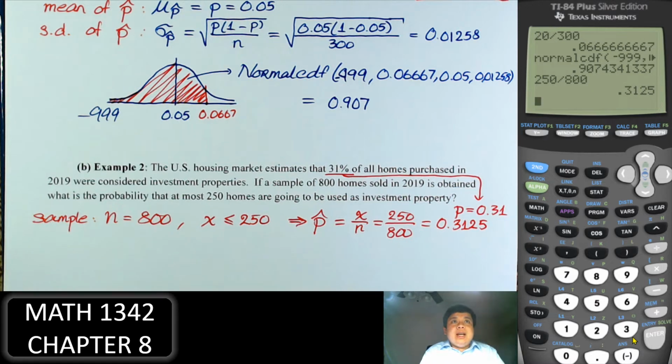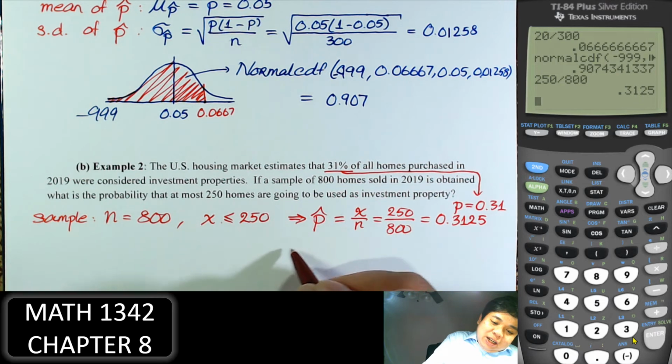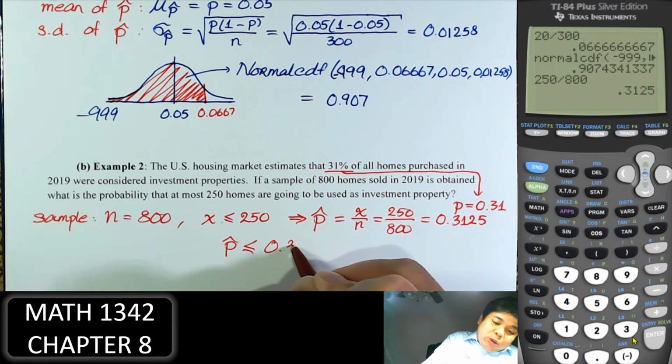Right, so we know actually this one is less than or equal to, so what we need is p hat less than or equal to 0.3125.